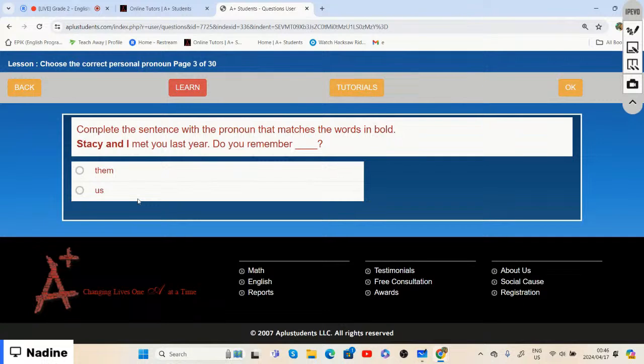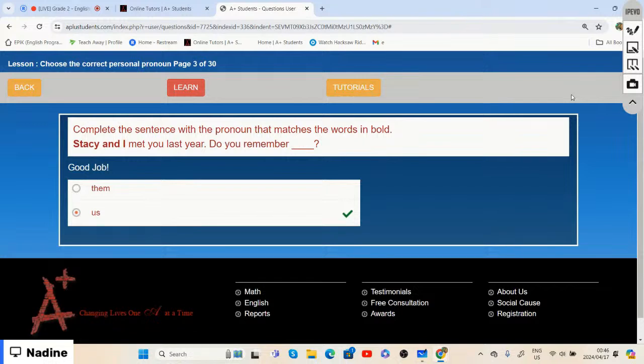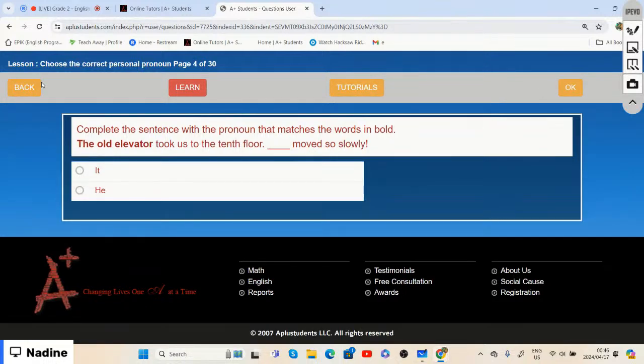And if we choose the correct personal pronoun, then if we refer to Stacy and I, we can say, do you remember us? And us refers to Stacy and I.